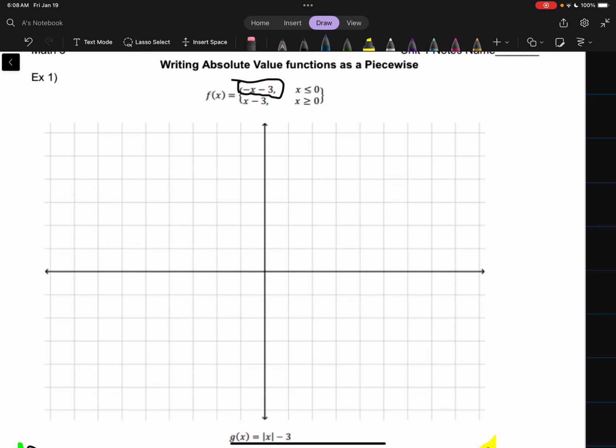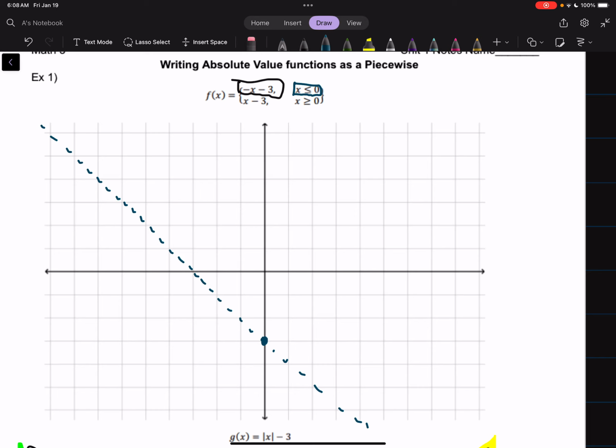So, my recommendation is start at negative 3. From there, we have this line. Notice this, we only want it where x is less than or equal to 0.